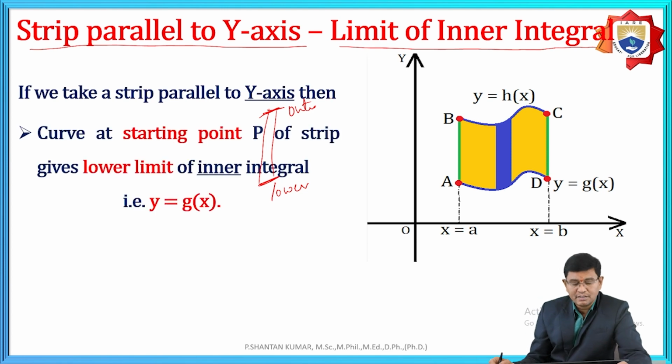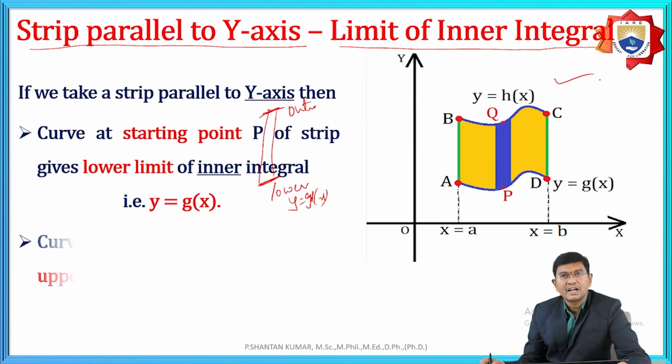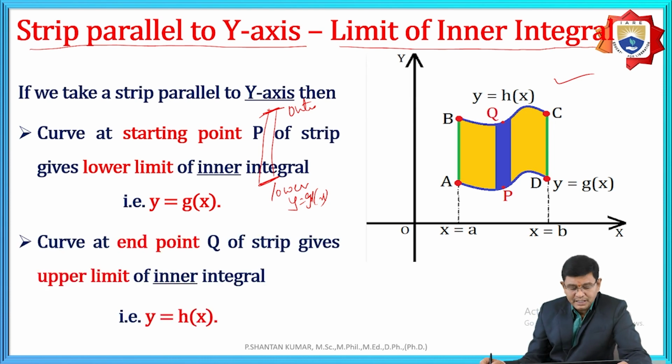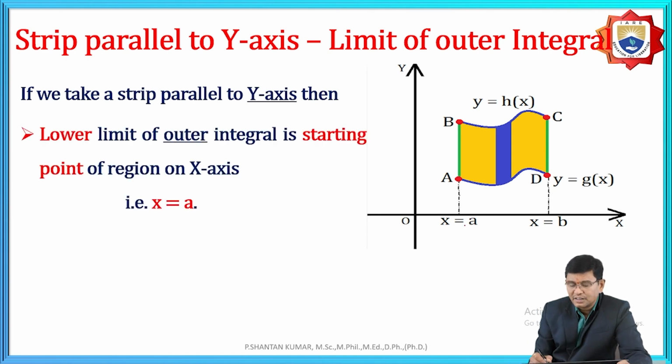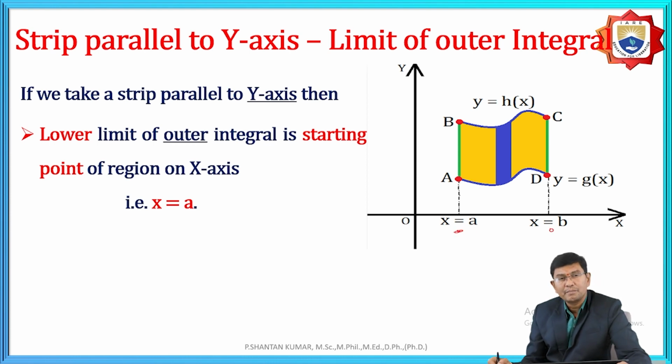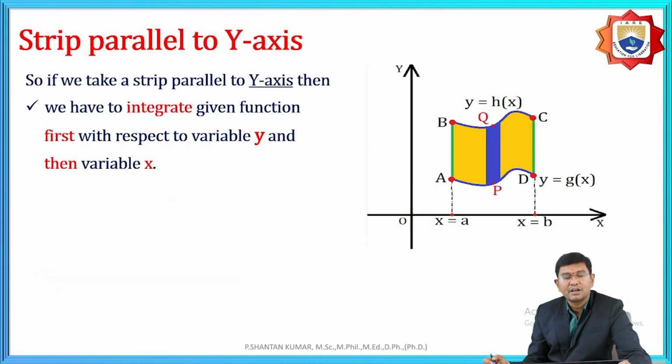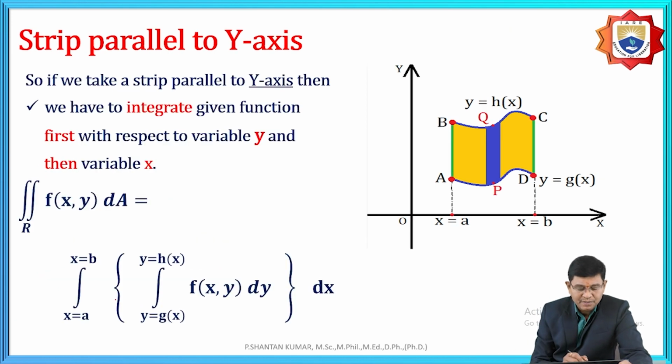Based on this, we need to find y in terms of x: the lower is y is equal to g of x, and the upper is y is equal to h of x. And the x limits are x is equal to a and the upper limit x is equal to b. Based on this, we find the integration: first parallel to y, meaning y in terms of x.